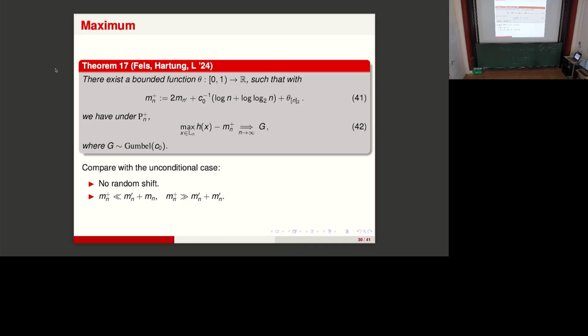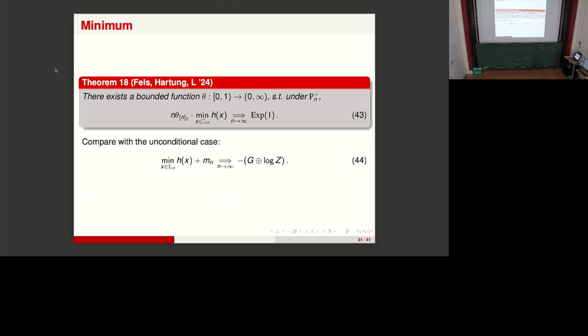And the centering value is different than what you perhaps guess. One guess is mn prime plus mn prime, but it's bigger than that. A more natural guess is mn prime plus mn, the usual order of the maximum, but it's actually smaller than that, and it's this quantity.